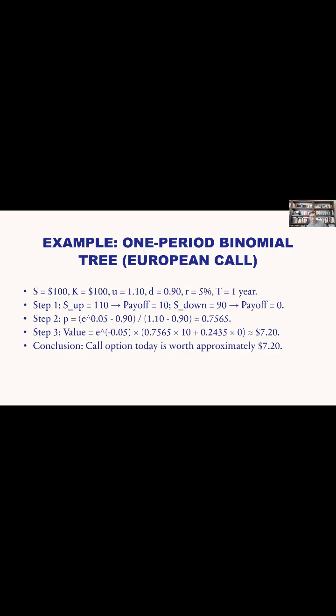And you divide that by the interest rate. That gives you a price of 7.2. So that is the current price of the option. My current price on the security is 100, my strike price is 100, but I have a value on the option of 7.2.